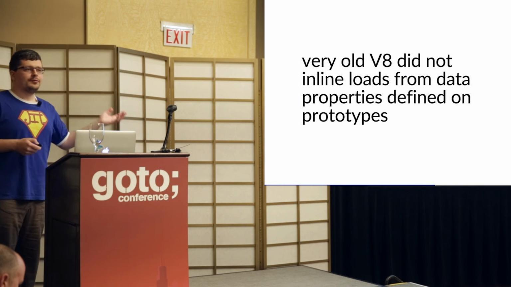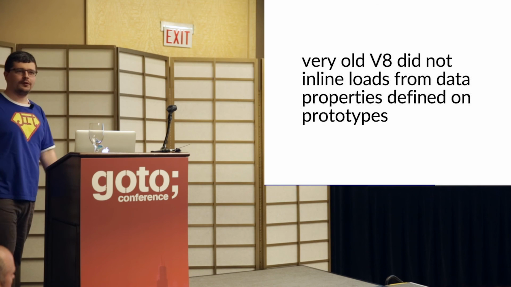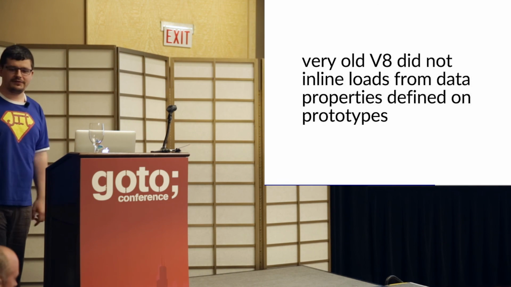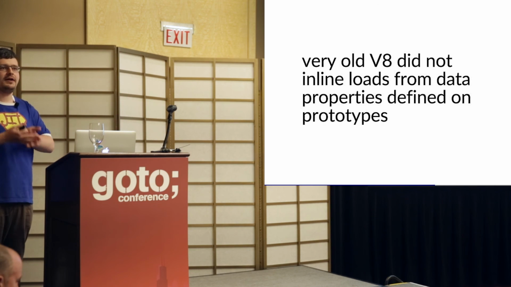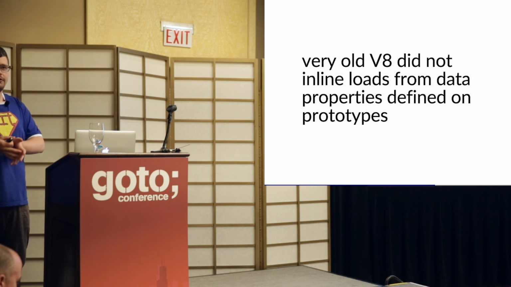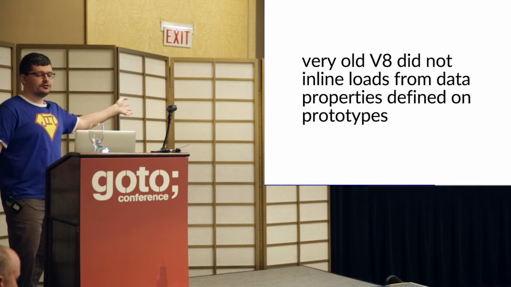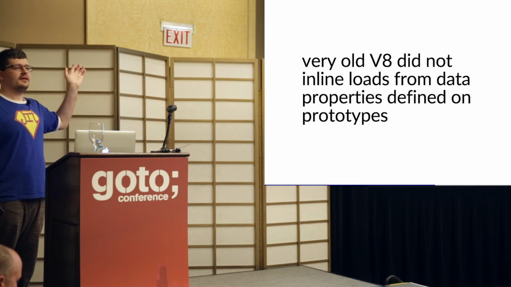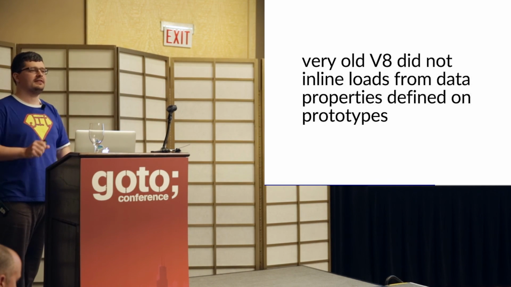Well, it turns out that we were benchmarking on Node. And Node is well known for being very outdated with its V8 version. And the person who wrote this benchmark used an even older version of Node, from like 4 years ago. And that version of V8 did not properly support data properties defined on prototypes. It only supported immediate data properties.